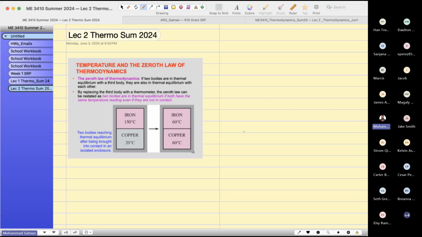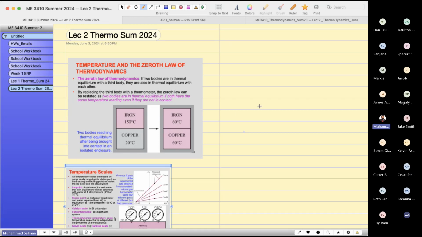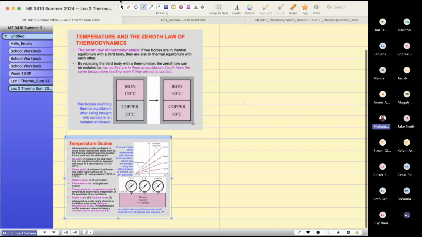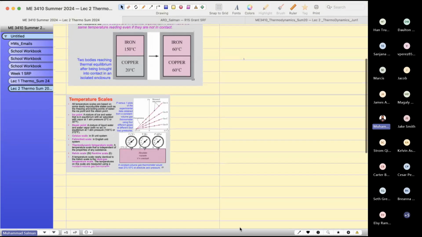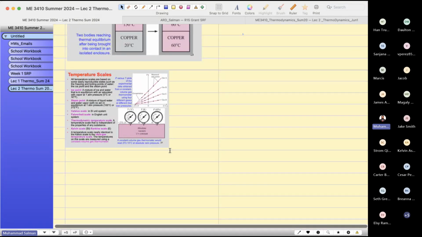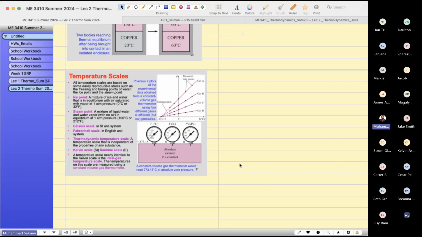So now we will study more about the temperature scales in the market, and how we work with different temperature scales. It is important for us to understand these temperature scales.